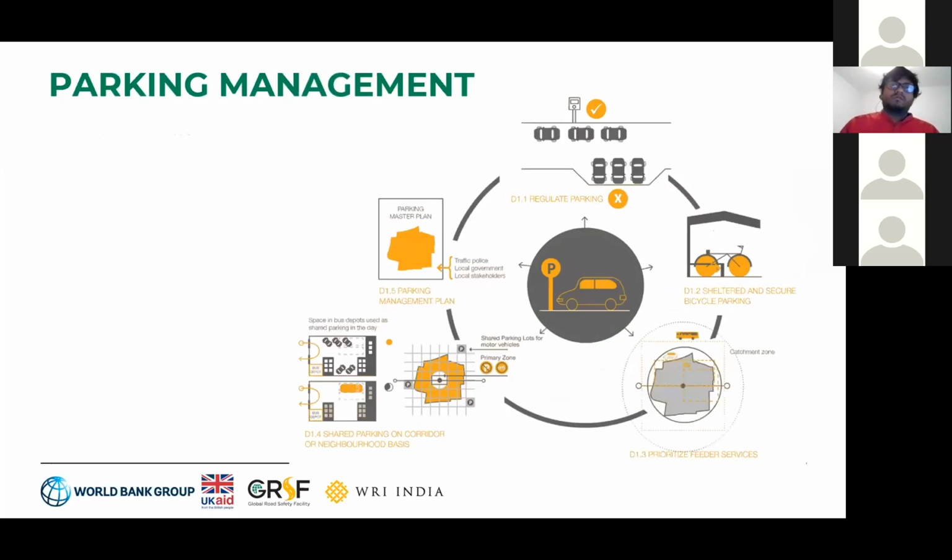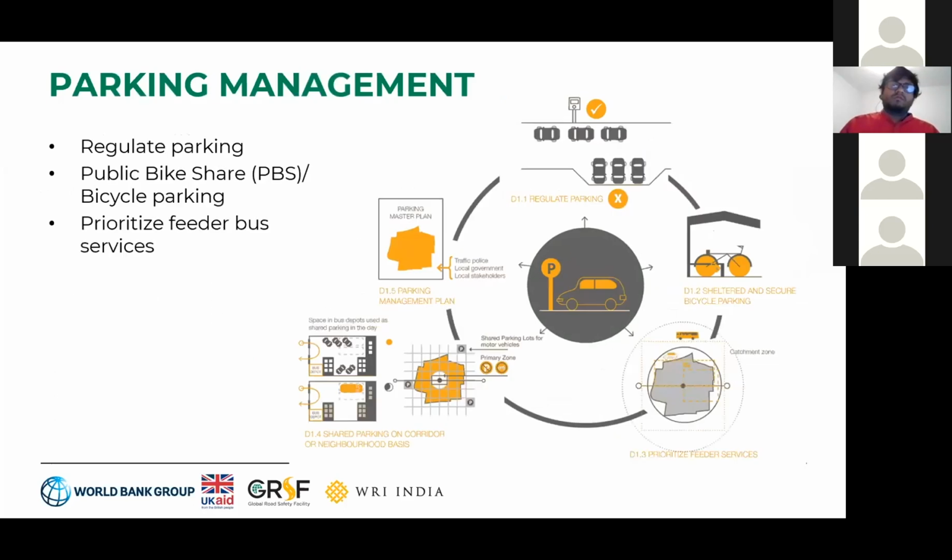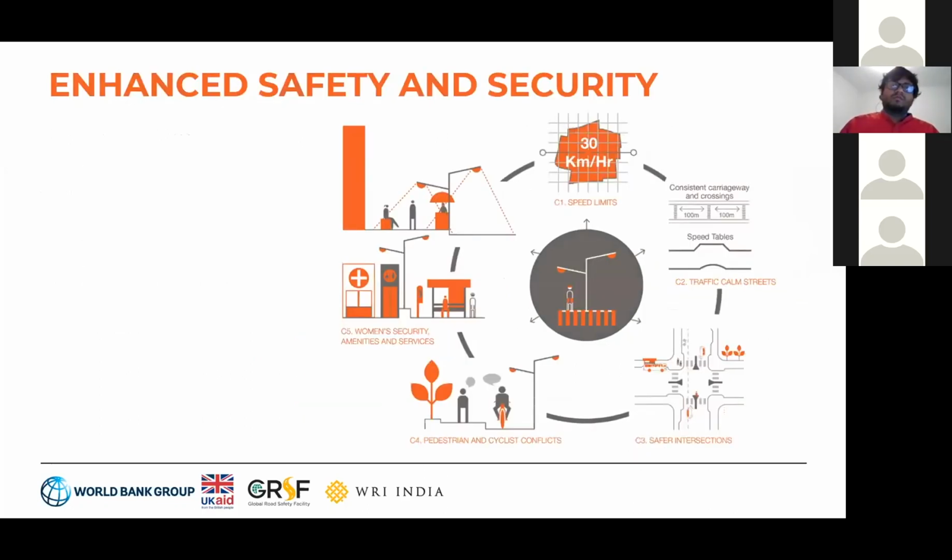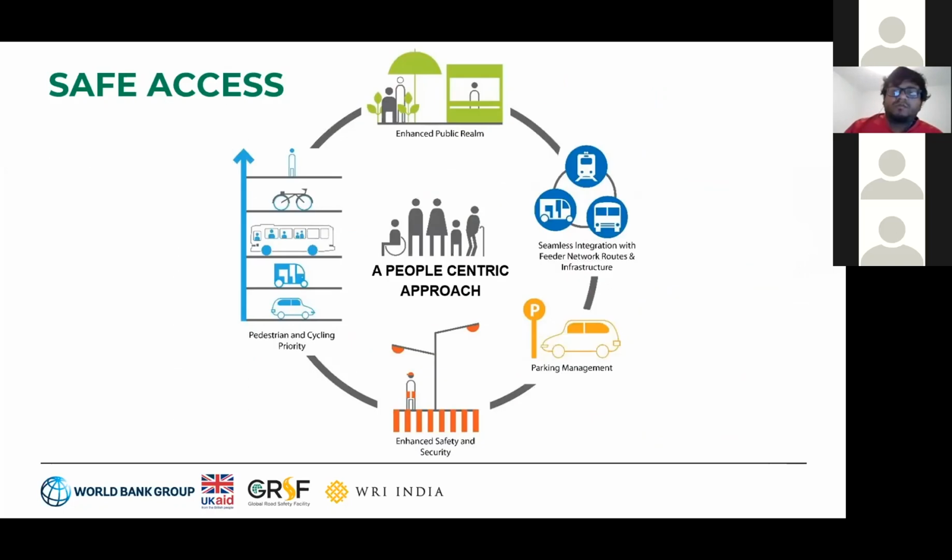The parking management strategy focuses on regulating parking, public bicycle share or bicycle parking, prioritizing feeder bus services, shared parking, and parking management plans. Lastly, ensuring enhanced safety and security through road geometrics, speed limits, traffic calming, pedestrian and NMT movements, safe streets, and amenities.